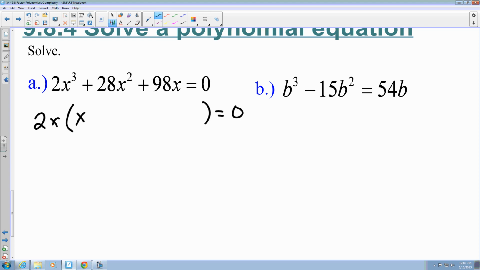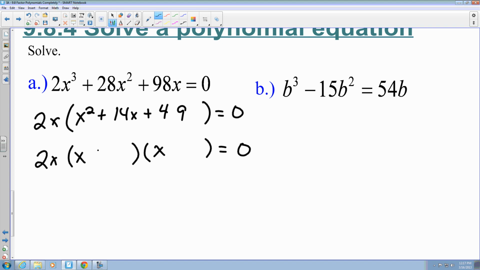So I'm left with x squared plus 14x plus 98 divided by 2, that gives me 49. And I can factor that using reverse FOIL. Inside the parentheses, I got x and x, both going to be positive. And it looks like this is a perfect square one.